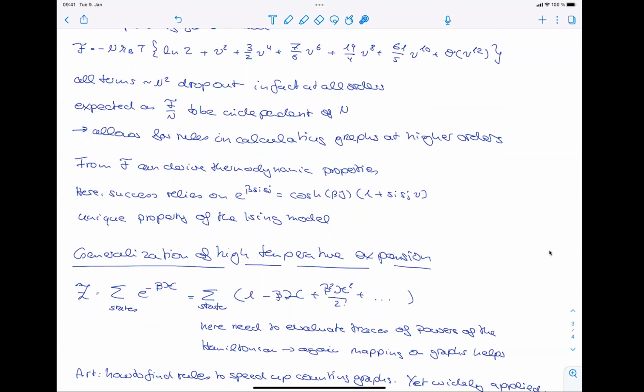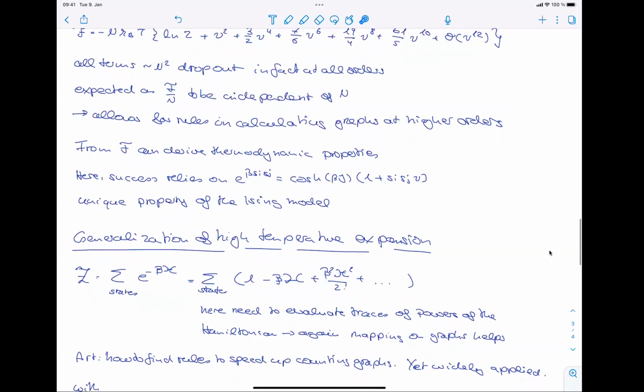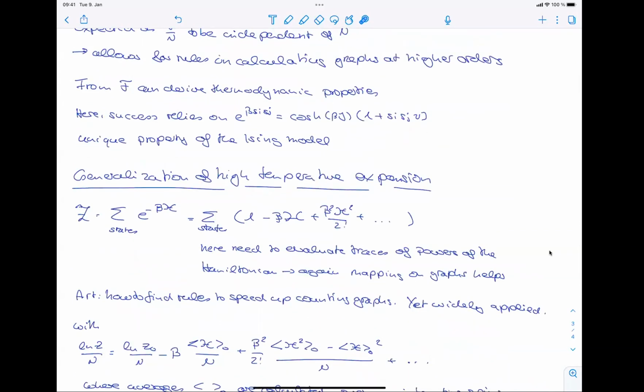In a sense, we're going to recalculate the free energy of the Ising model with various approaches, and check consistency that we arrive at the same terms. This is just an outlook that these two are actually connected.